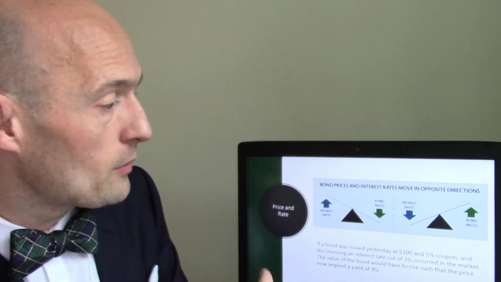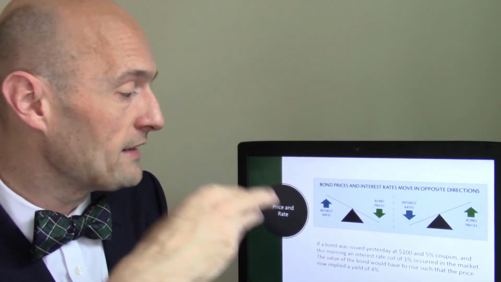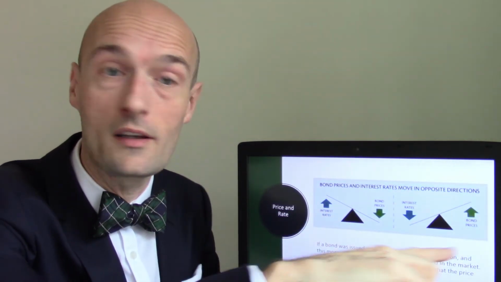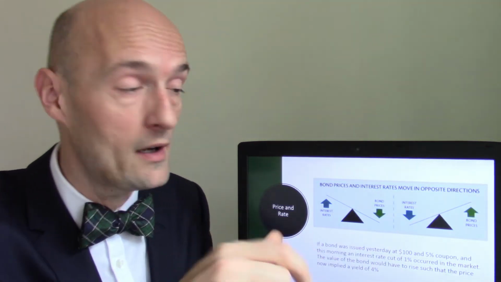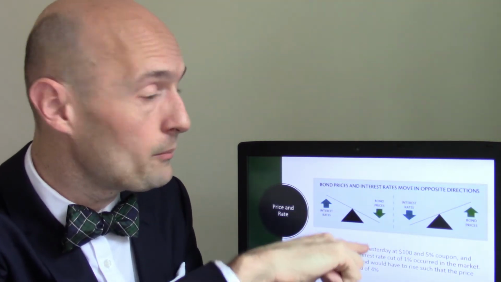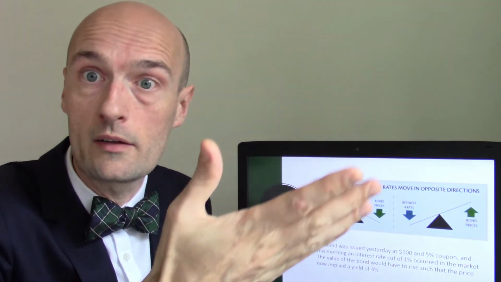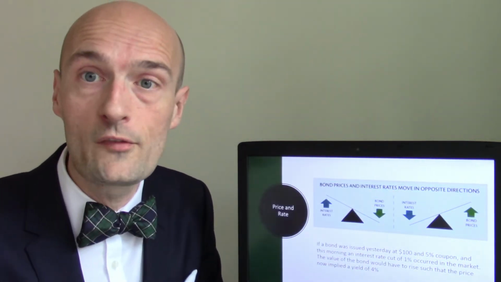So the value of the bond would have to rise such that the price now implied a yield of 4%. As I said, the best way to think of this is these little seesaw diagrams, where if interest rates go up, bond prices go down. If interest rates go down, bond prices go up. And hopefully that makes sense to you.